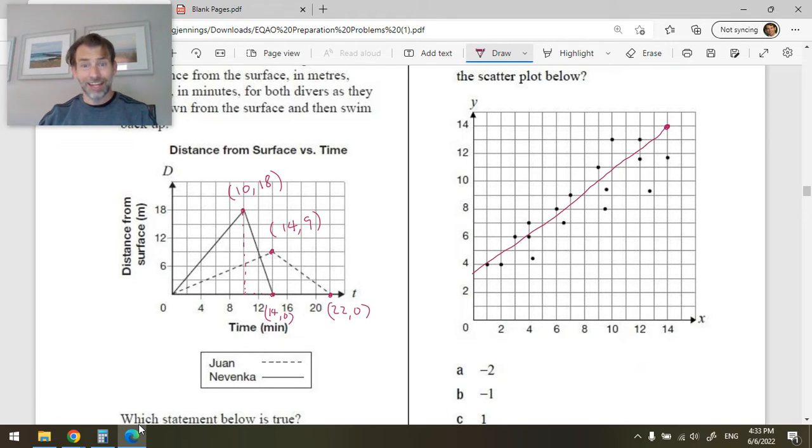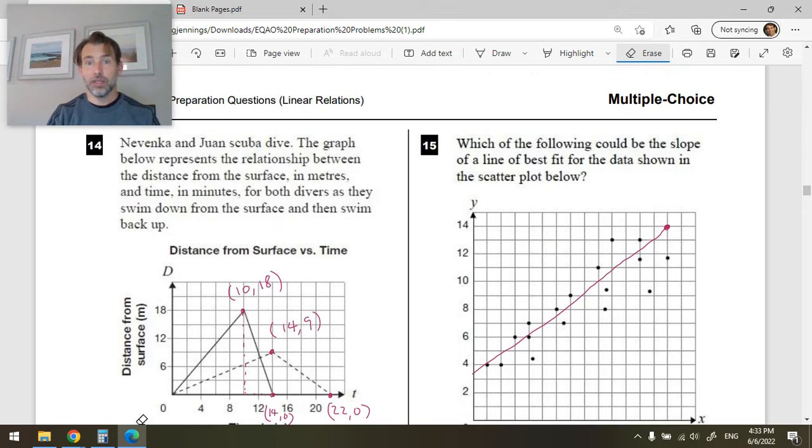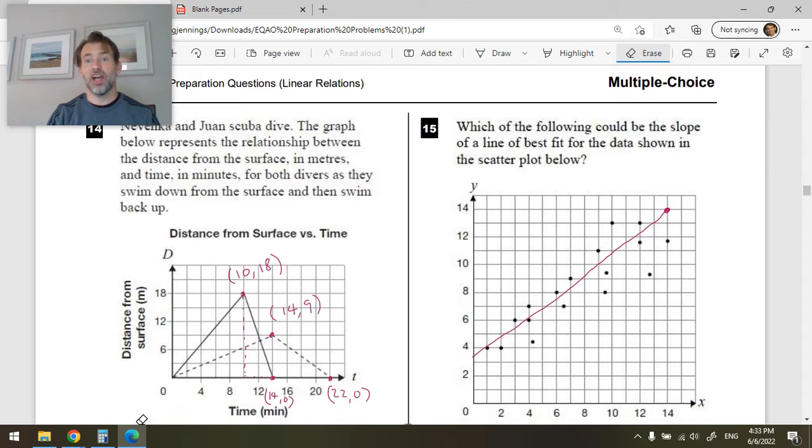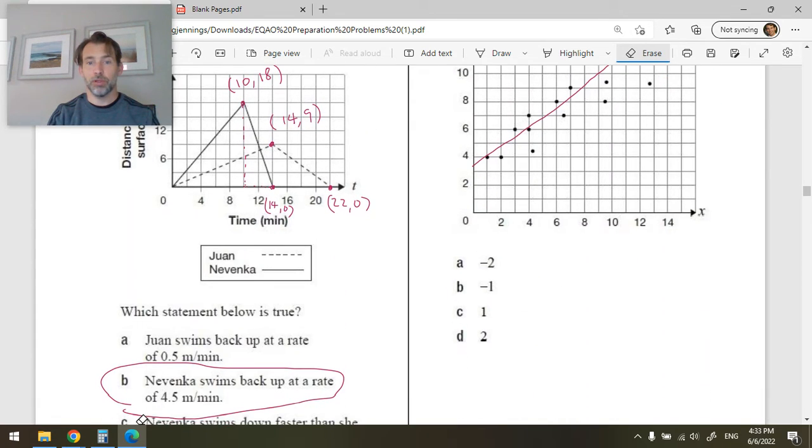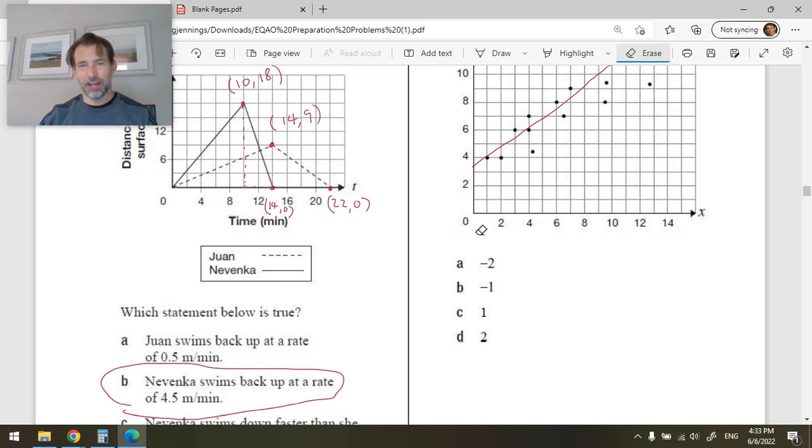I think I might have drawn that a little high, but this would not be it. No. So this will have a slope somewhat less than 1. Which of the following could be a slope of a line of best fit for the data shown in the scatter plot below? The closest one that they have available is 1.